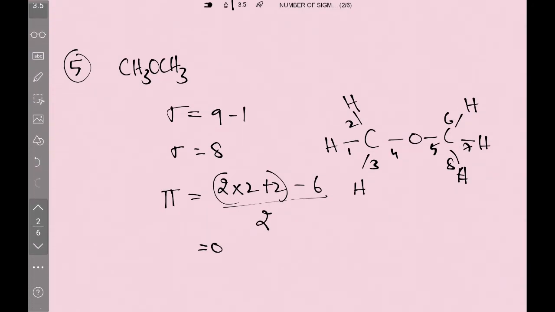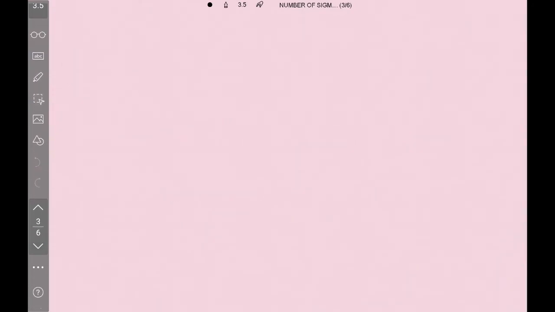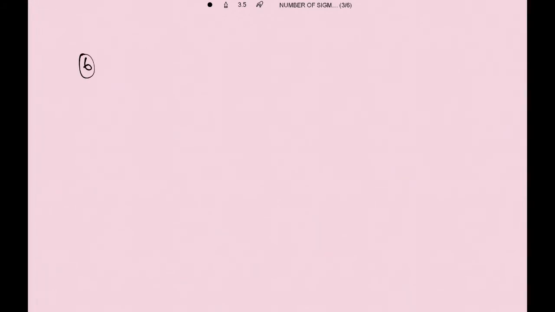Next one, I am taking an example, a very common and very important example, frequently asked in the examination, that is the tetracyanoethylene molecule, C2(CN)4. And tell me what is the total number of atoms.